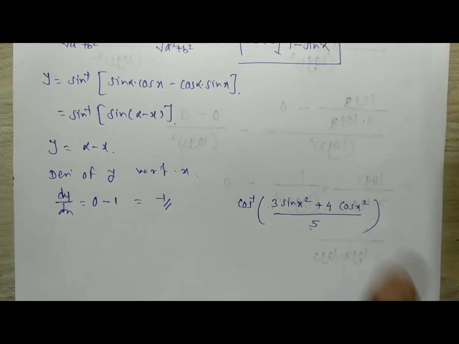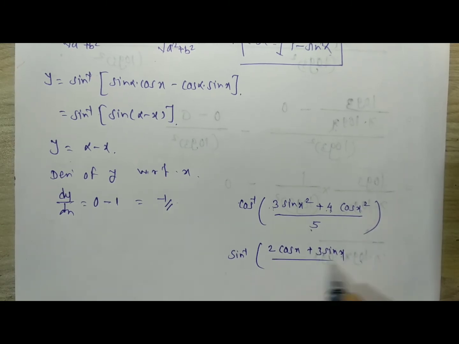Similarly, in the example considered in the previous lecture, 2 cos x plus 3 sin x divided by square root of 13, once again 2 and 3 are there. 2 square is 4 and 3 square is 9, 9 plus 4 is 13, and the square root of 13 is present in the denominator.